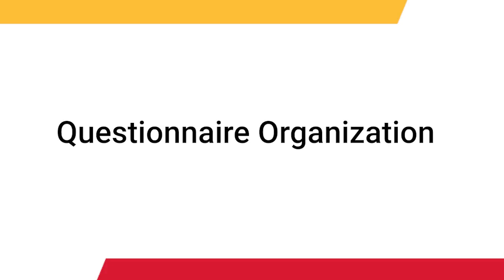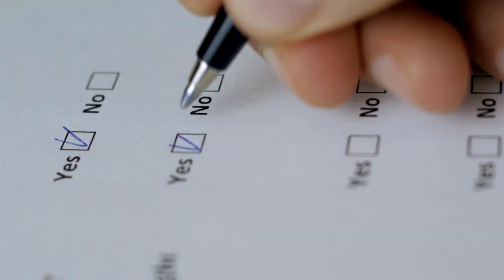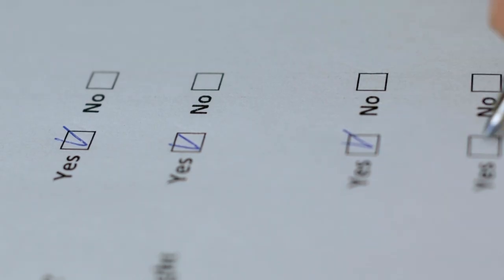Let us now take a look at questionnaire organization. Questionnaire organization is the sequence or flow of statements and questions that make up a questionnaire. The arrangement of questions and the ease with which respondents complete the questions have potential to affect the quality of the information that is gathered.